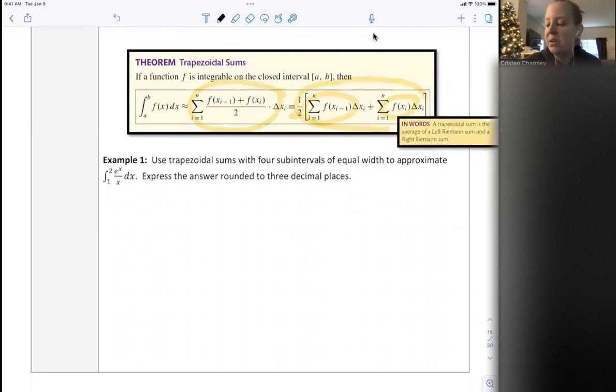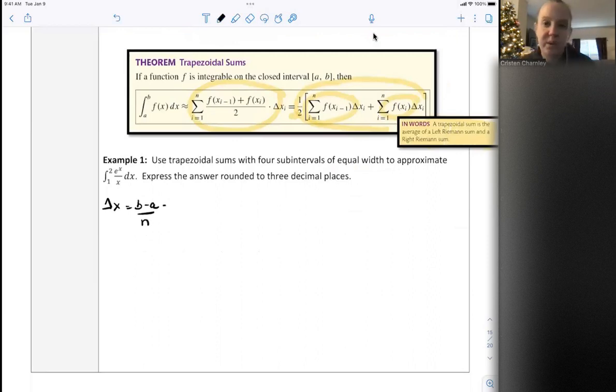So example 1, use trapezoidal sums with 4 subintervals of equal width to approximate the integral from 1 to 2 of e to the x over x dx. Express the answer rounded to 3 decimal places. Remember, the AP exam is always 3 decimal places. So the first thing that we want to find is our delta x, and we remember that's b minus a over n.